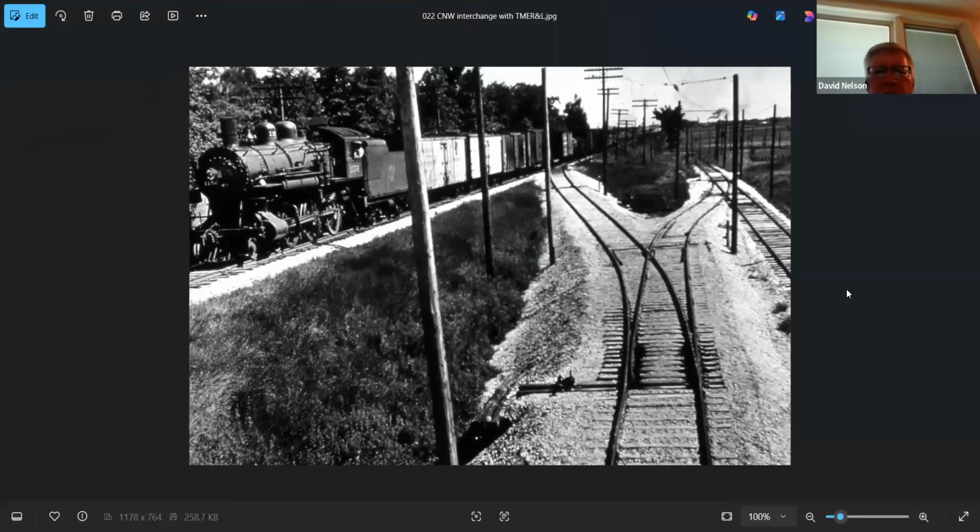This particular interchange is between the Chicago and Northwestern and the Milwaukee Electric Railroad and Light Company. Note that it's a parallel interchange, not a crossing.